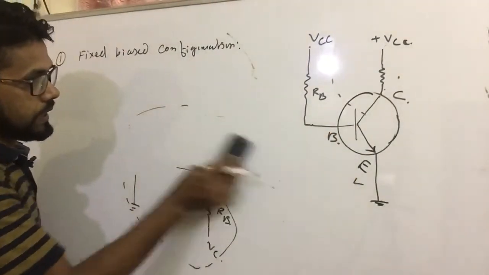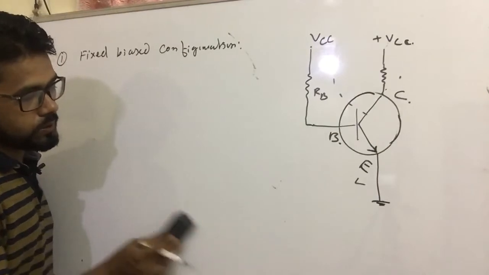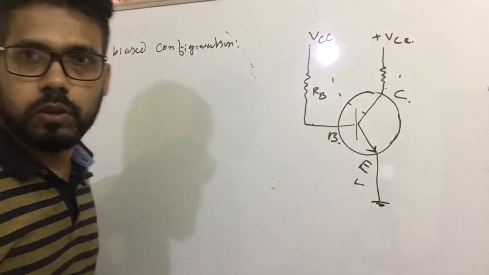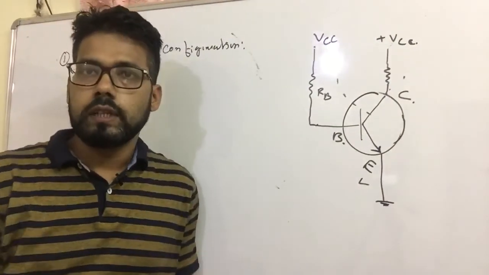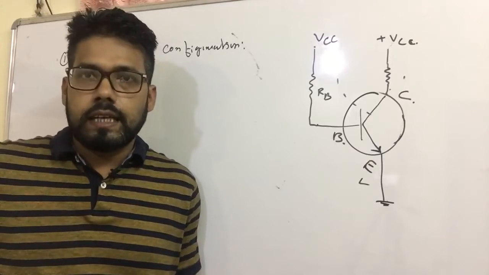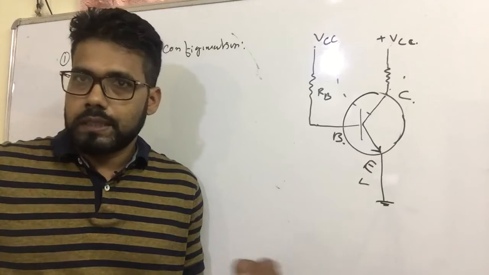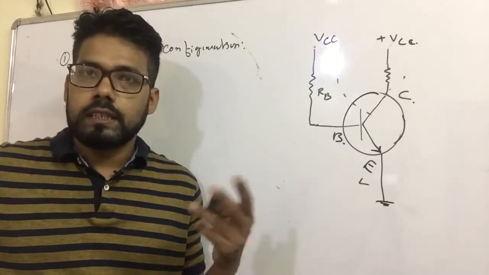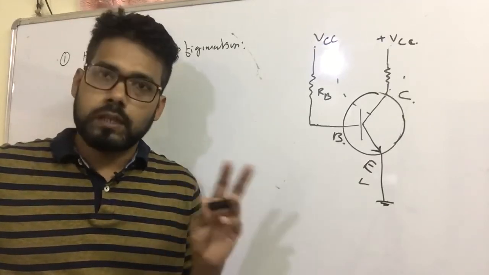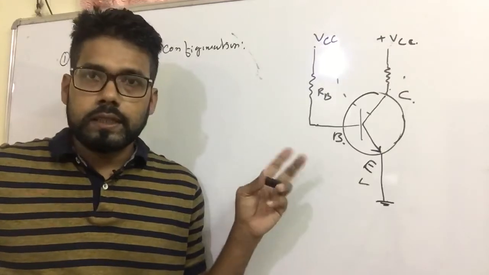The analysis of the fixed bias circuit is a combination of two parts. As I have already told you, in order to use the transistor in the active region and as an amplifier, the input circuit must be forward biased and the output circuit reverse biased. Now, what is the input circuit?